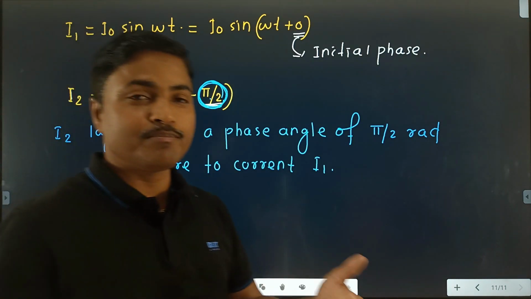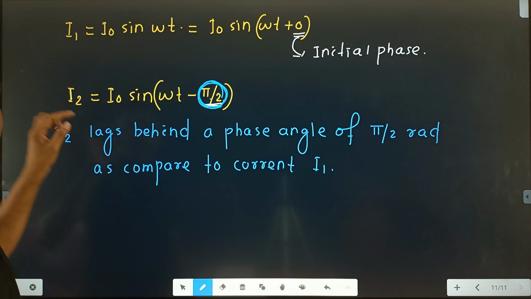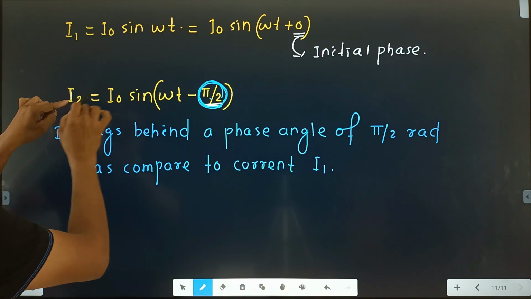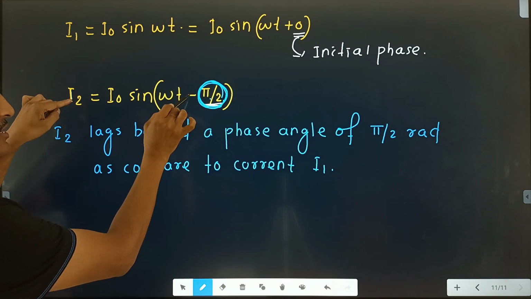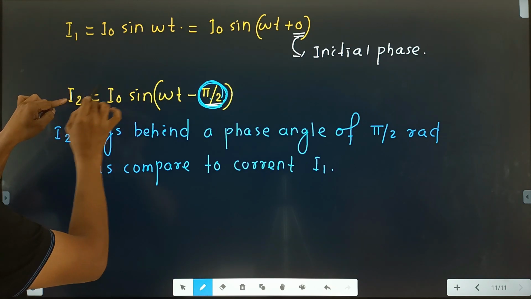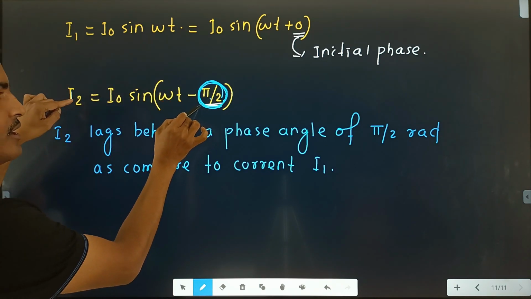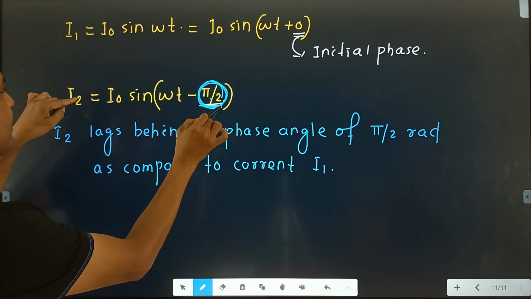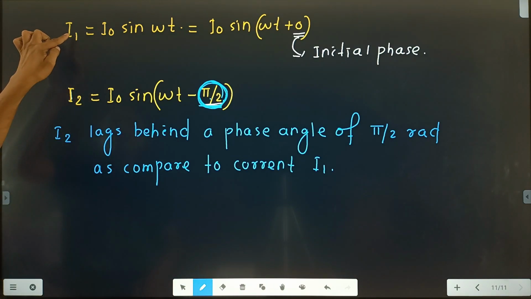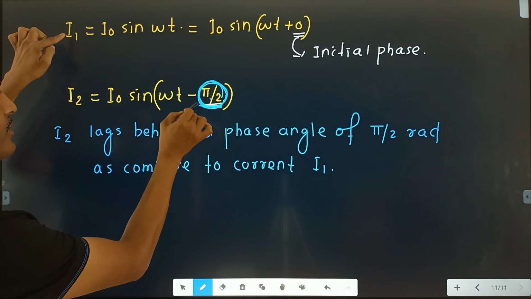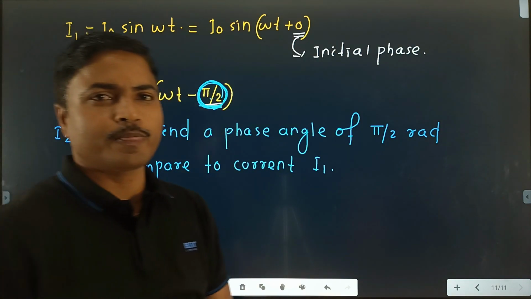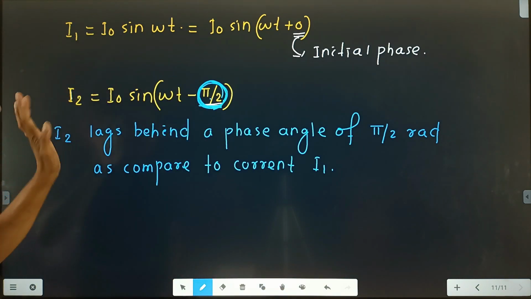Clear? Simply write, if we compare I2 and I1, I2 current lags behind because the minus sign is there. Due to this minus sign, we say that current I2 lags behind pi by 2 radian angle as compared to I1, or current I1 is ahead by a phase angle of pi by 2 radian as compared to I2.